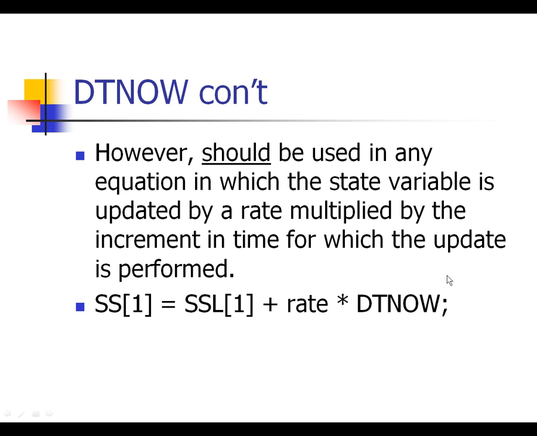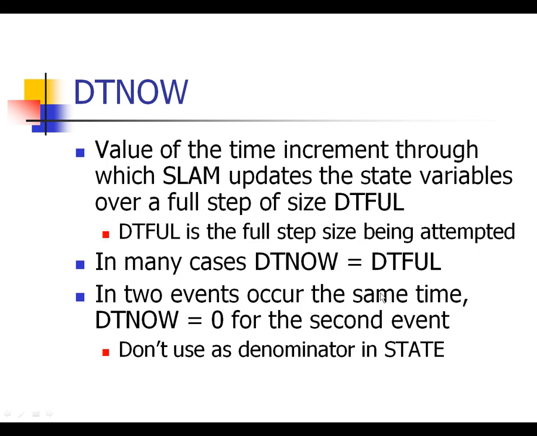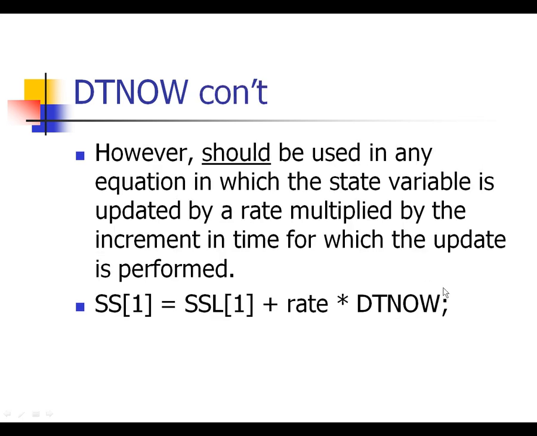So this portion of the equation tells us how much the SS variable is changing, and it's added to the old variable that we established in the previous step attempt. And the sum of those two gives us the new value of SS1. So in this case, you should use DTNOW, but just be careful if you have any situations where DTNOW would be used as a denominator.